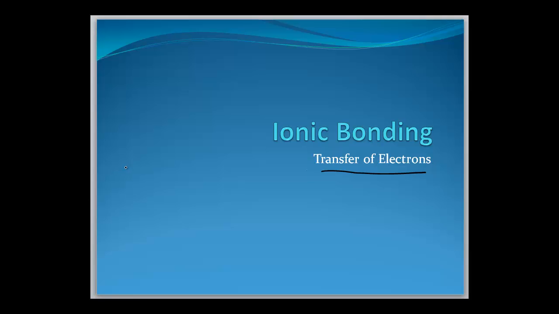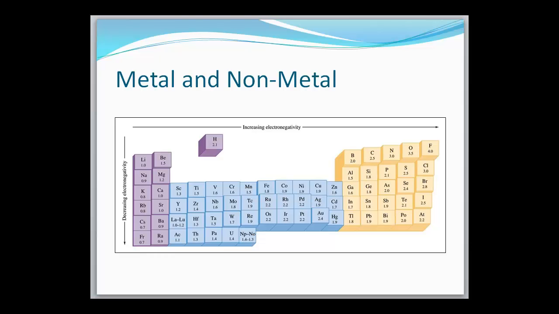As we go through this vodcast, you always want to be thinking about what's giving up the electrons and what's taking the electrons. So let's take a look at our periodic table again and talk about what gives up electrons and what takes electrons. First of all, an ionic bond typically takes place between a metal and a nonmetal.